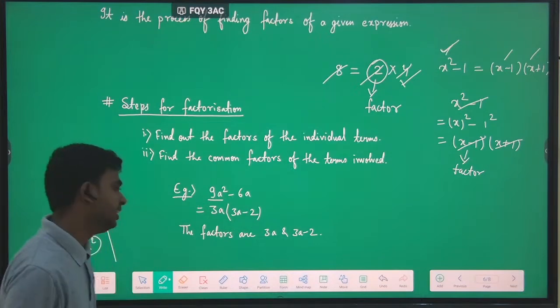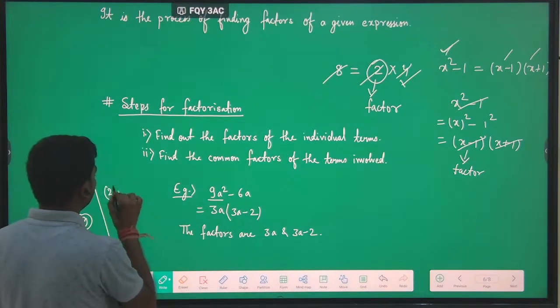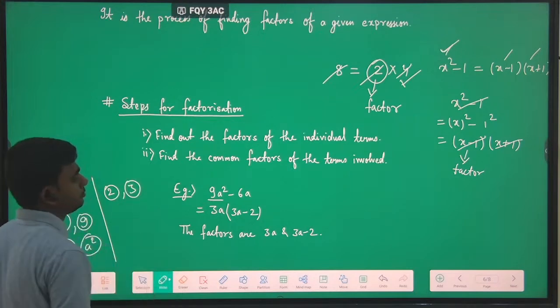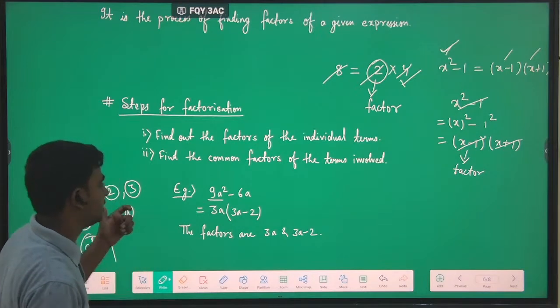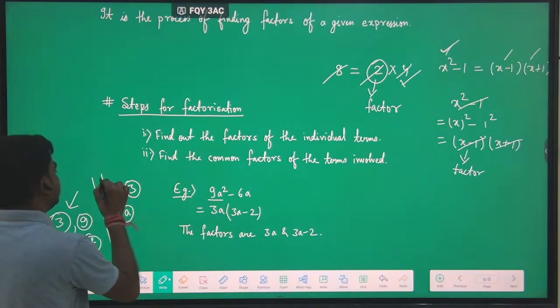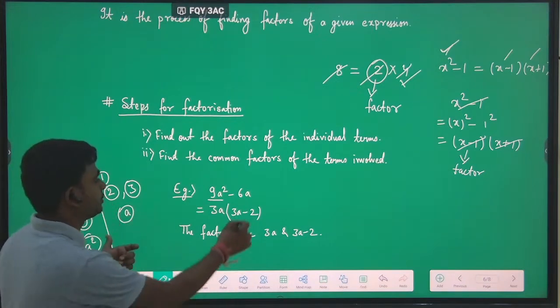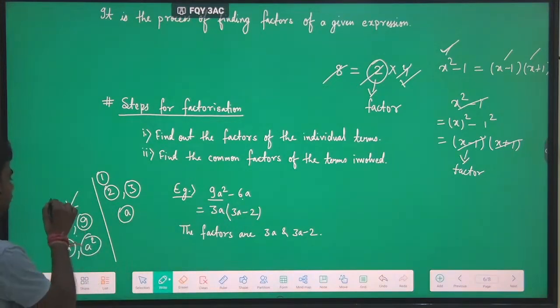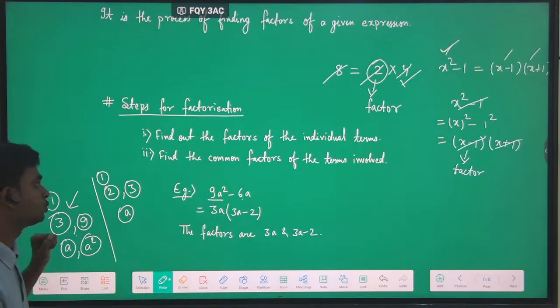Similarly, for 6a, the numbers which divide 6 are 2 and 3, and a. So for 6a, the factors are 1, 2, 3, and a. So these are the factors of 6a and these are the factors of 9a square.